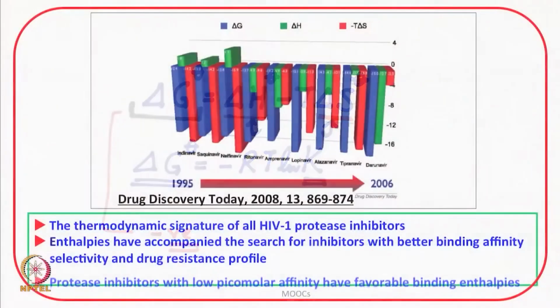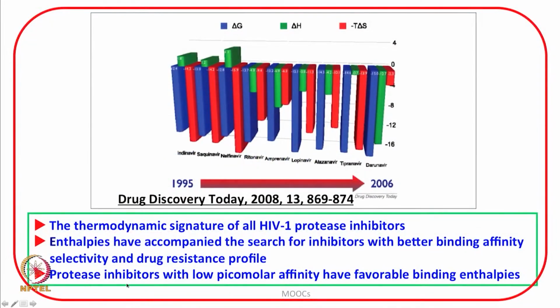The next comment: protease inhibitors with low picomolar affinity have favorable binding enthalpies. And that is what I was commenting upon, that picomolar affinity.